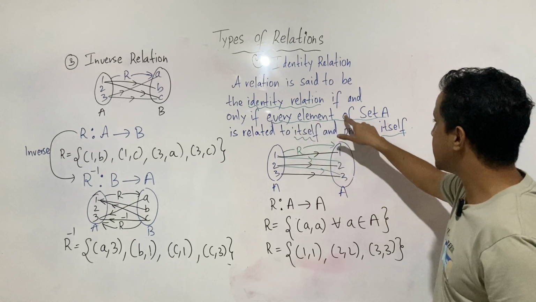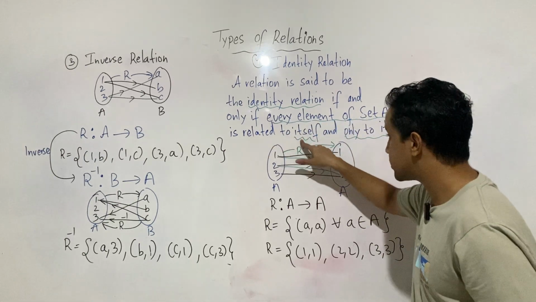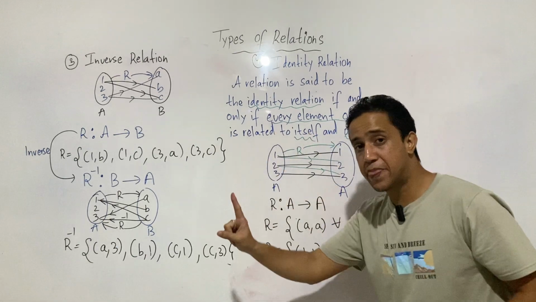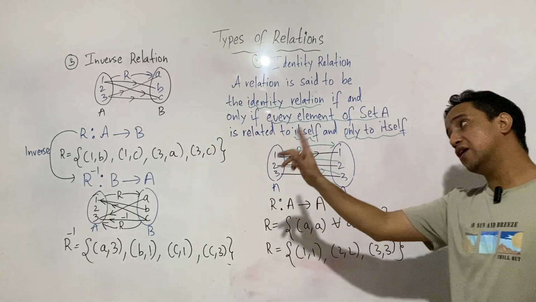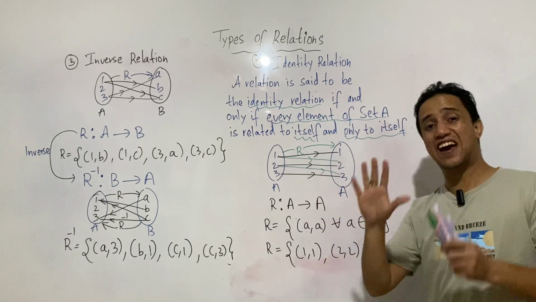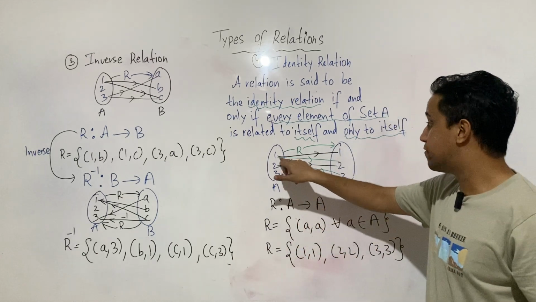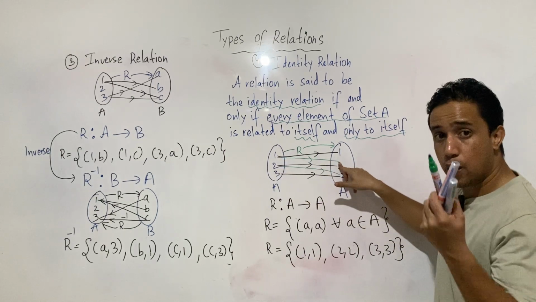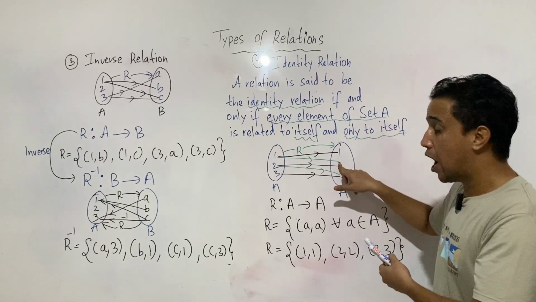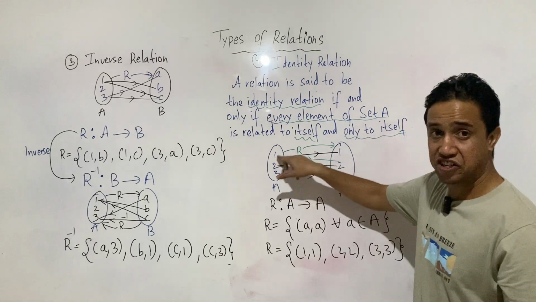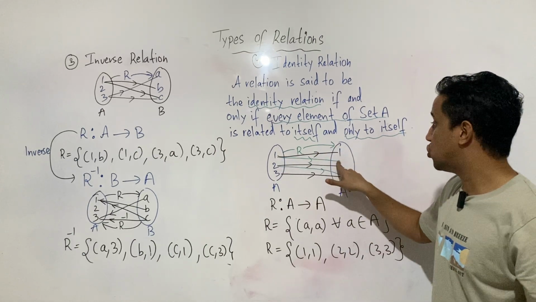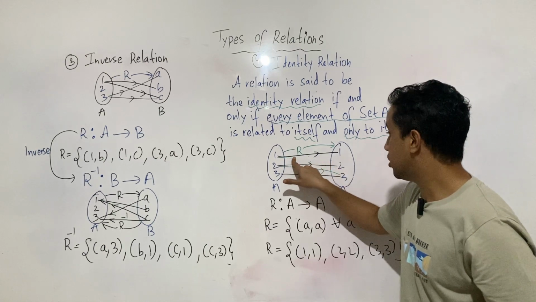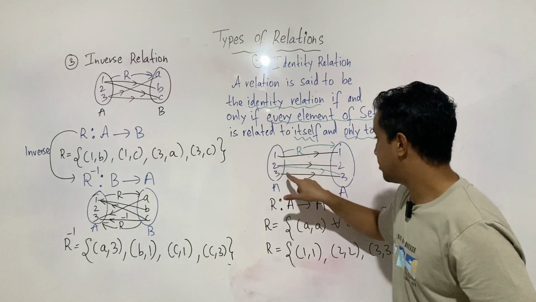That's what it says. If every element of set A is related to itself and only to itself, it means that every element must be related to itself and only to itself. So if they are paired or related to some other element, other than itself, then it no longer remains the identity relation.